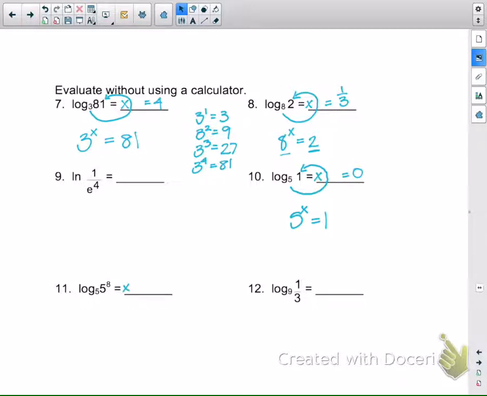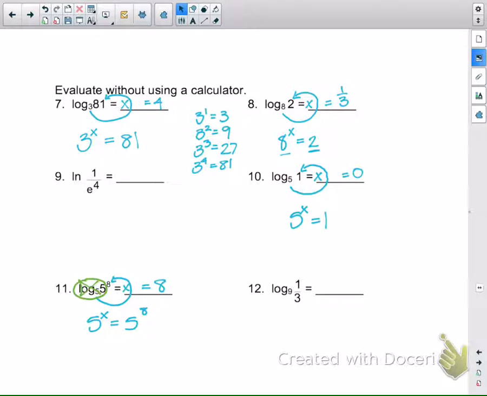When I rewrite this in x, what is it going to look like? Five to the x equals 5 to the 8th. Well, this is a very easy question then. If the bases are the same, what's true about your exponents? They have to be the same. 8. This teaches us something we're going to talk about on the next page, which is if you have log base 5 of 5 to the 8th, what essentially happens to that? It cancels out and leaves you that 8 as your answer. Okay.